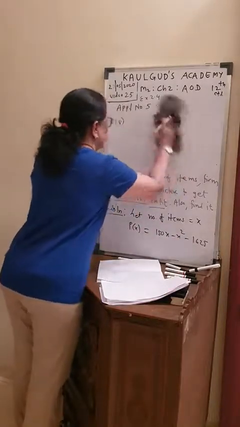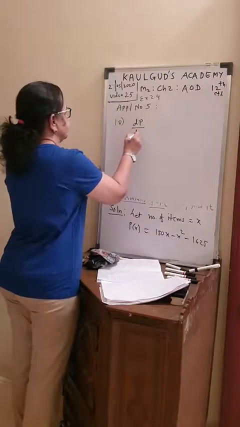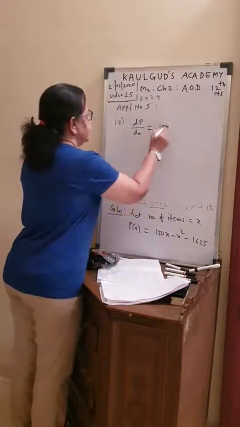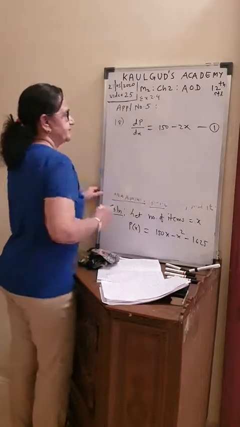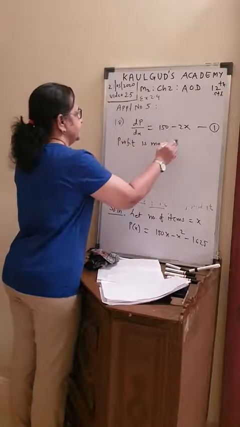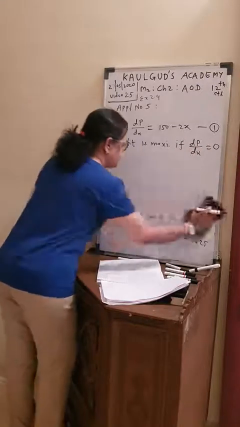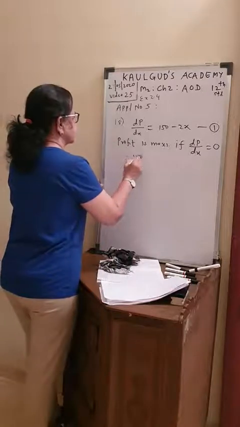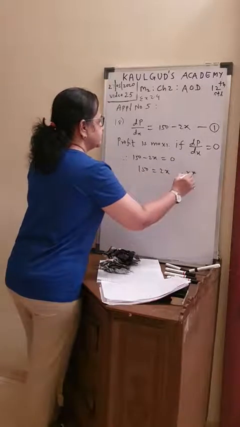So let us calculate the derivative. Therefore, dp by dx is equal to, differentiating with respect to x, 150 into 1, 150 minus 2x, constant, so 0. Call this step number 1. Now profit is maximum if dp by dx equal to 0. So let us equate this to 0. So 150 minus 2x equal to 0, or 150 equal to 2x, or x equal to 75.